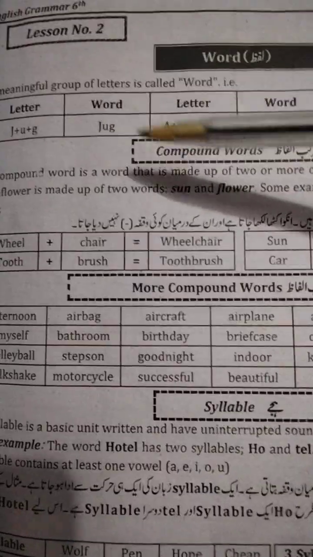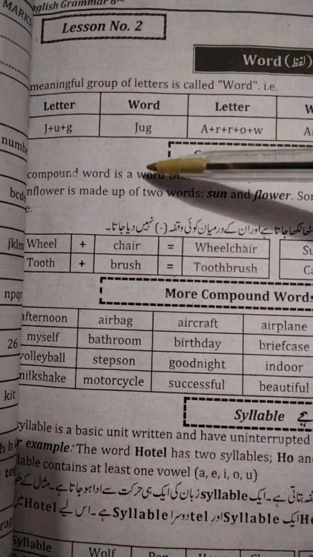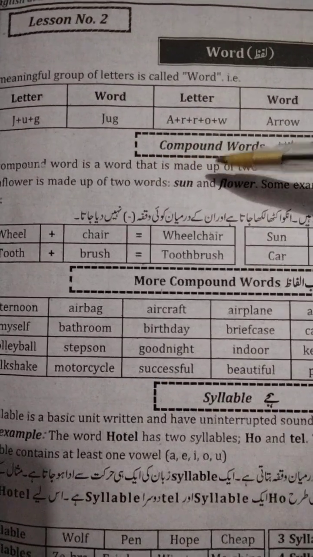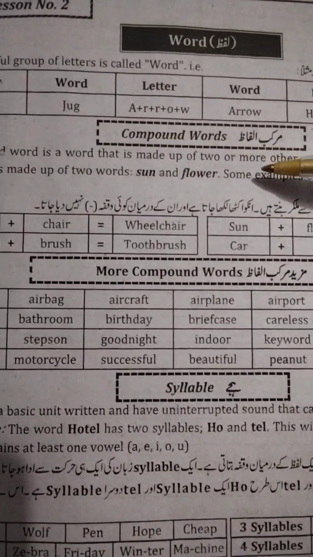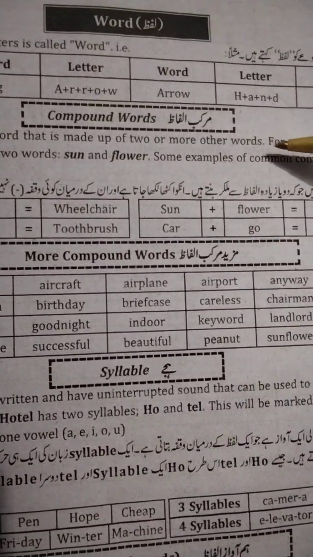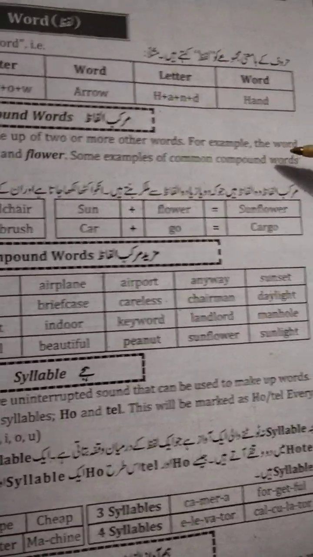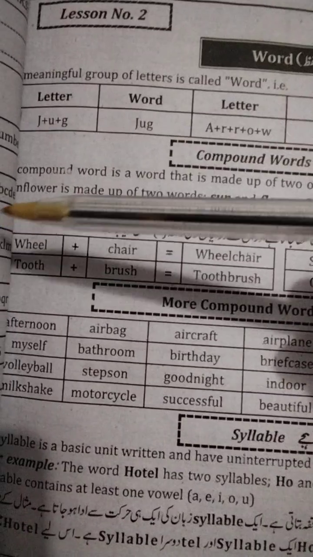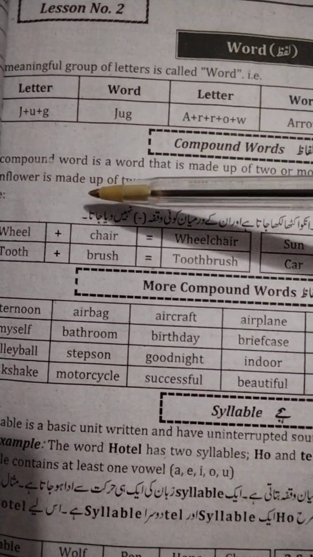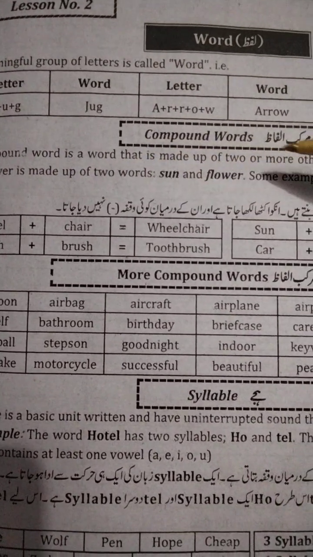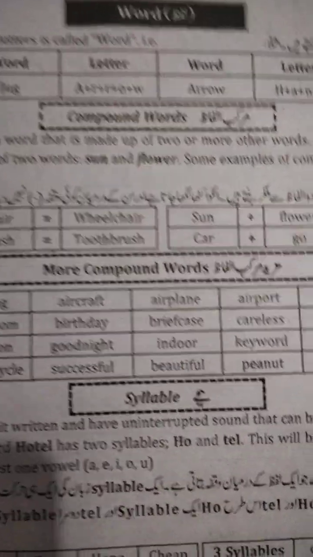Compound words. A compound word is a word that is made up of two or more other words. For example, the word sunflower is made up of two words, sun and flower.